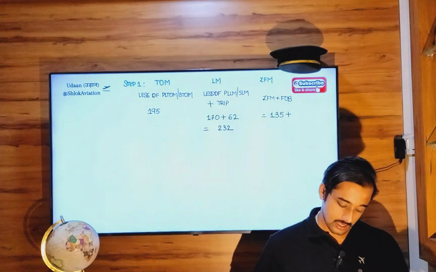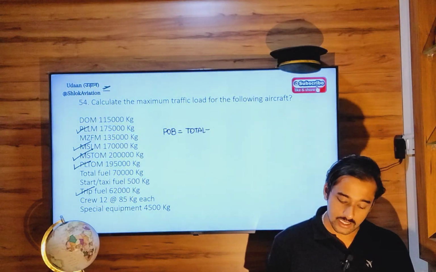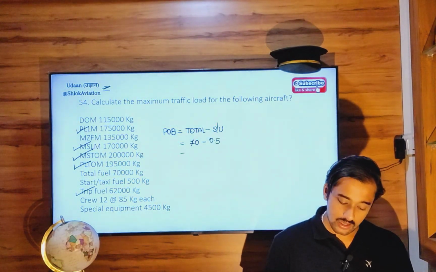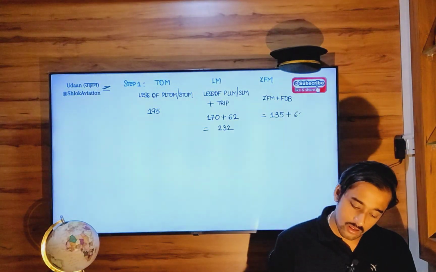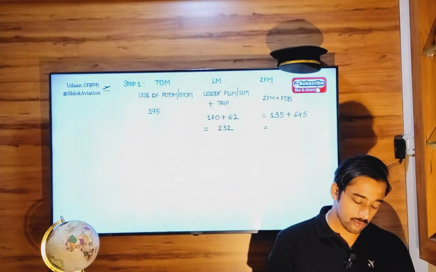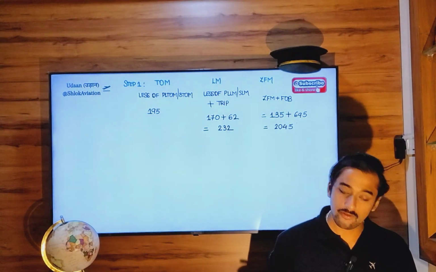Fuel on board. Now fuel on board is equal to total fuel minus startup and taxi fuel. So 70,000 minus 0.5 is 69.5. So 135 plus 69.5 is 204.5.